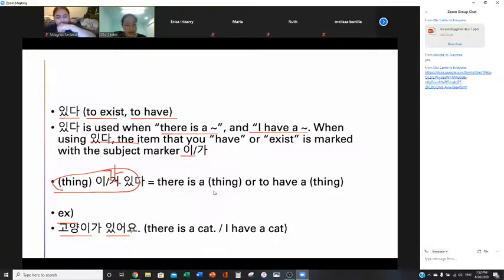If you want to be more casual, you can delete the 요 and say 있어. 고양이가 있어. So this phrase: thing plus 이 or 가 있다, and in the more polite form, thing plus 이 or 가 있어요.